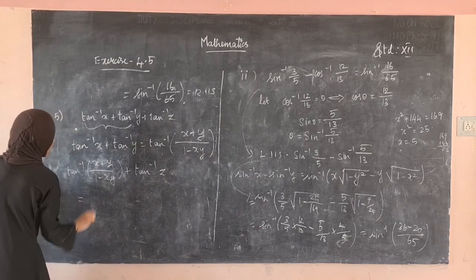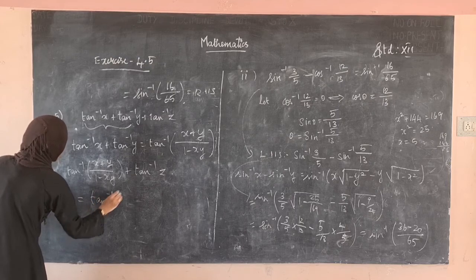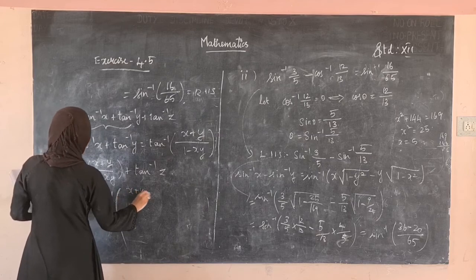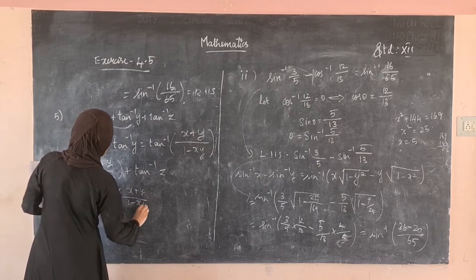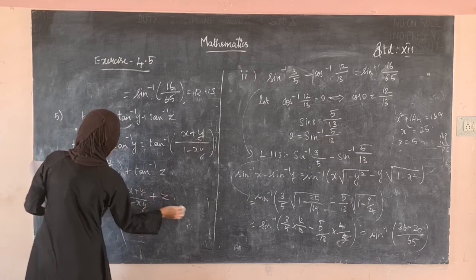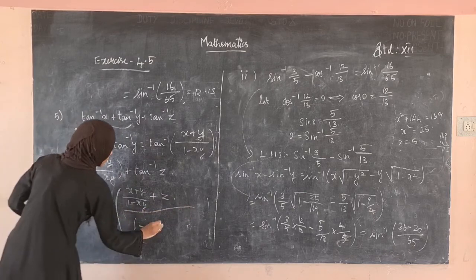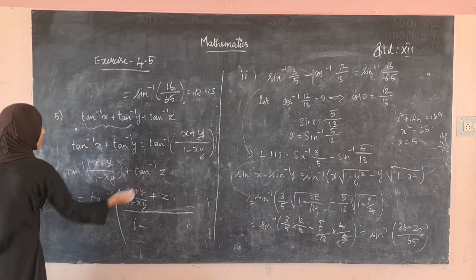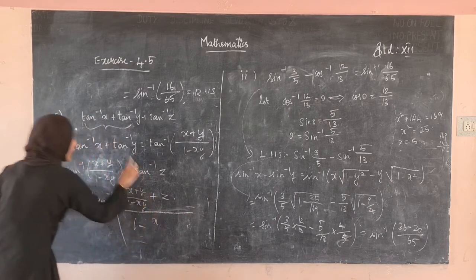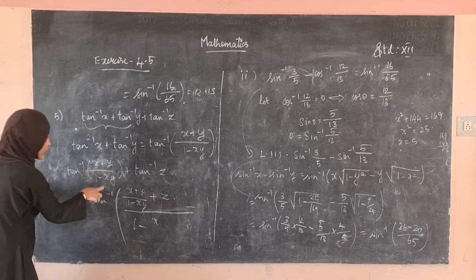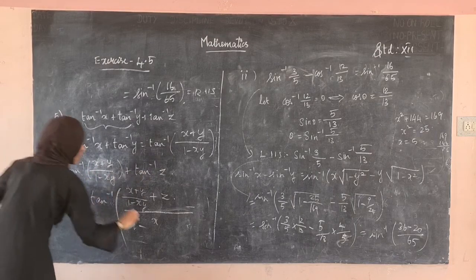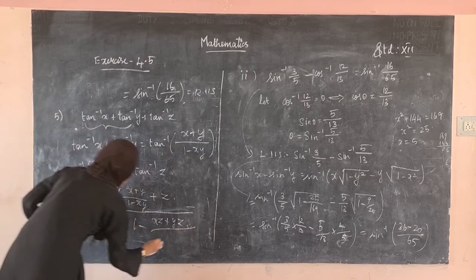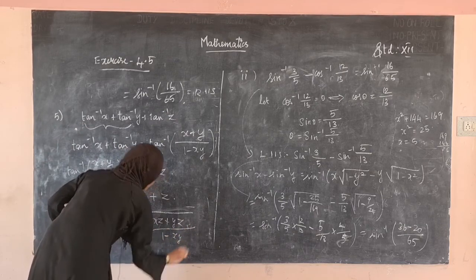Therefore this can be written as tan inverse of x plus y divided by 1 minus xy plus z, whole divided by 1 minus this term into this term, that is x plus y into z divided by 1 minus xy. Multiplying this inside, xz plus yz divided by 1 minus xy.